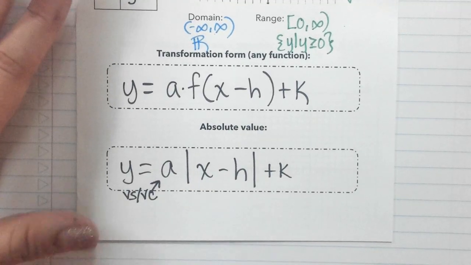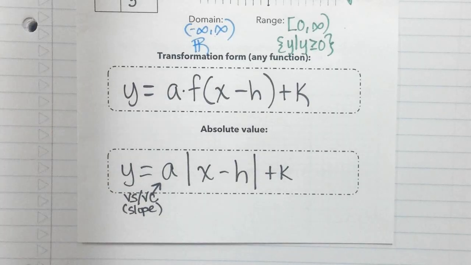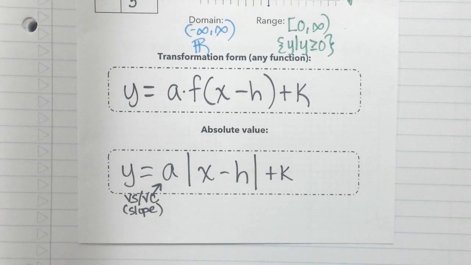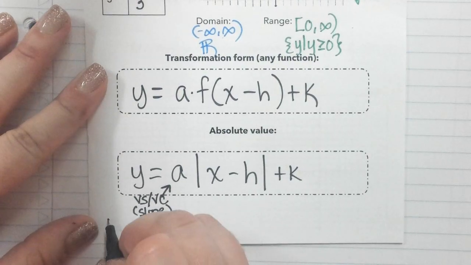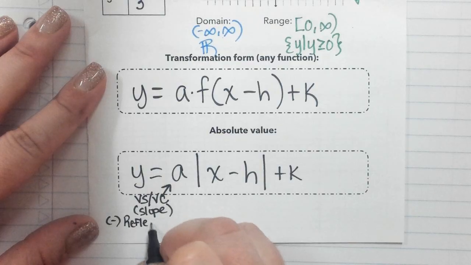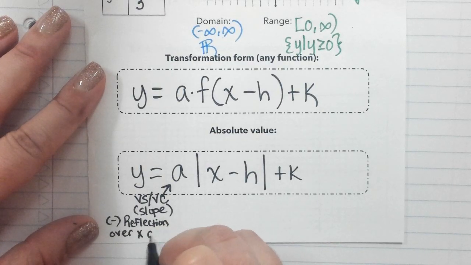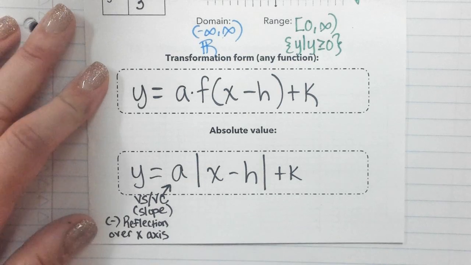And specifically for absolute value, that's affecting the slope because we have 2 lines. So that specifically changes the slope. And when A is negative, that's a reflection over the x-axis.